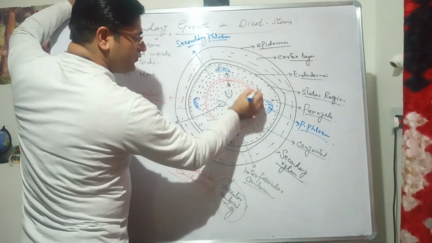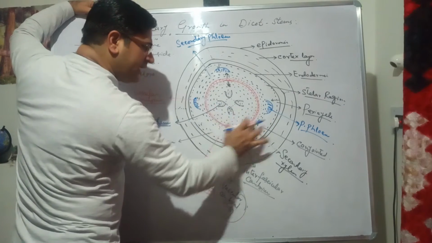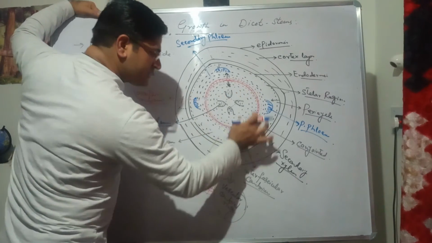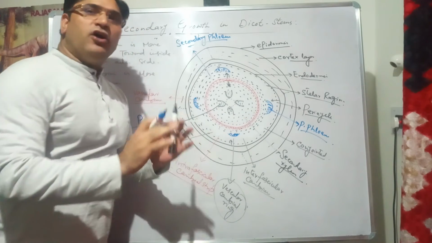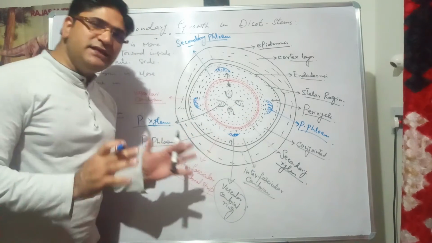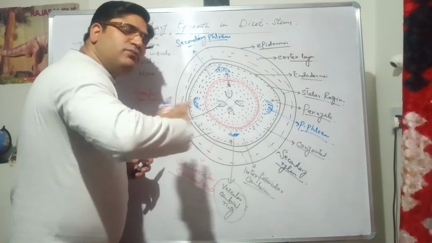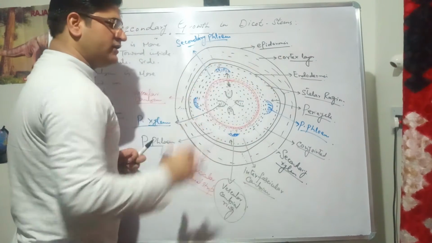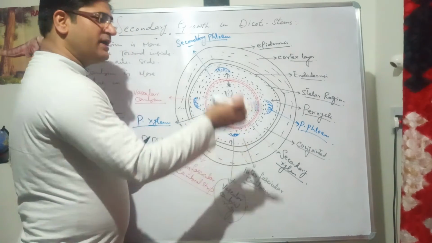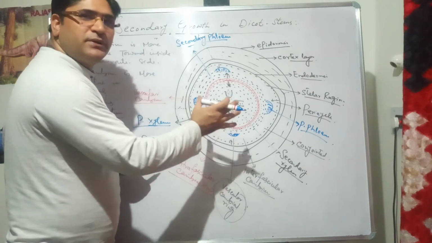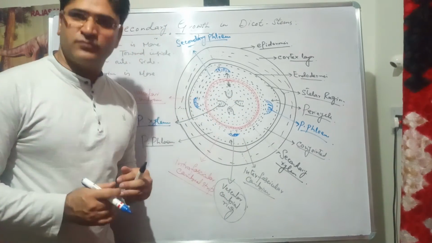Outside the tissue formed is called the secondary phloem, and by the formation of these secondary tissues, the primary xylem and primary phloem got completely away from each other, more separated, and primary phloem remains at the most periphery towards the outer layers of the plant, okay, and primary xylem remains most deep inside the plant in the central region nearby the pith, okay.